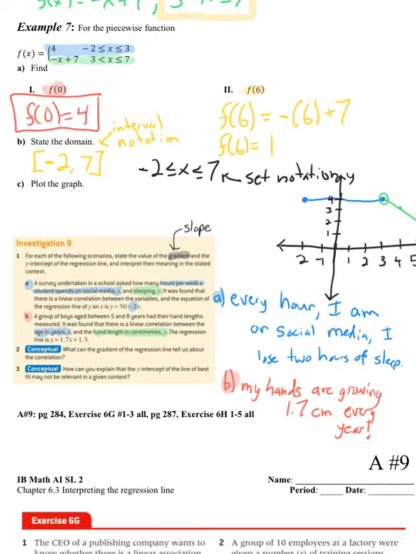Part B, for example, it's weird because my hand starts at 1.5 centimeters and then more than doubles in size after 1 year to 3.2 centimeters, right? So part B is kind of a weird one, and that's where we can explain the y-intercept might not always fit or might not always be relevant in a given context either. So it's important to notice those things about interpreting the data.